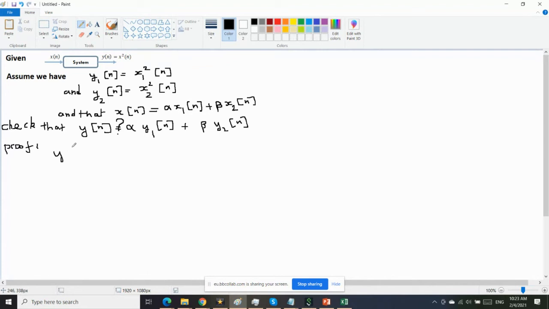Let's start with the right hand side, y[n]. Again, we have this formula, and all of these are given.